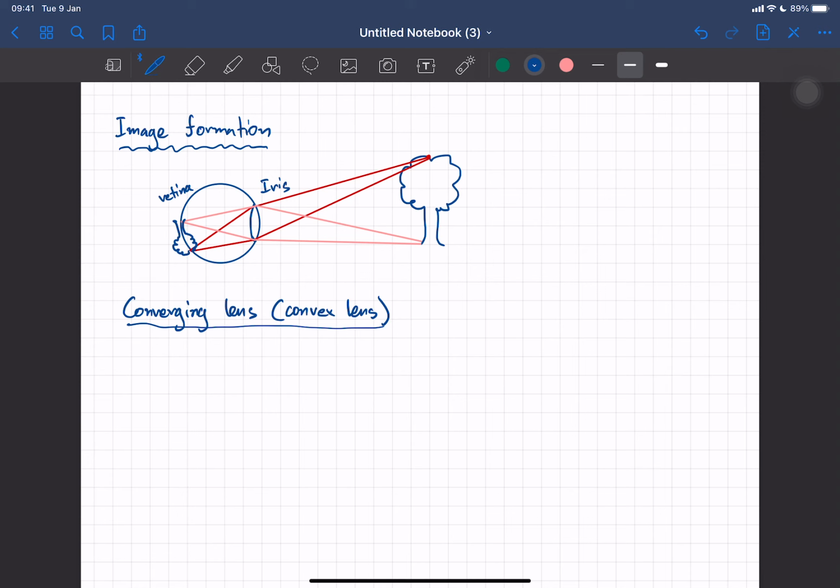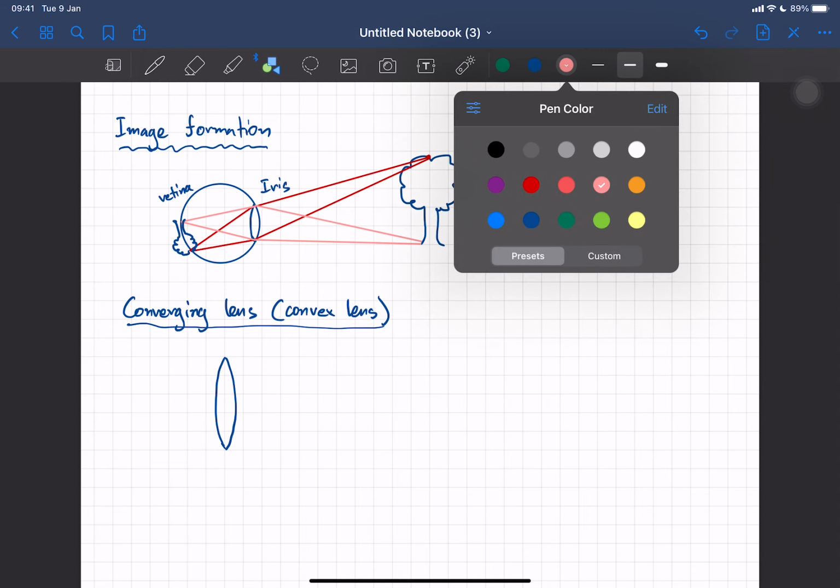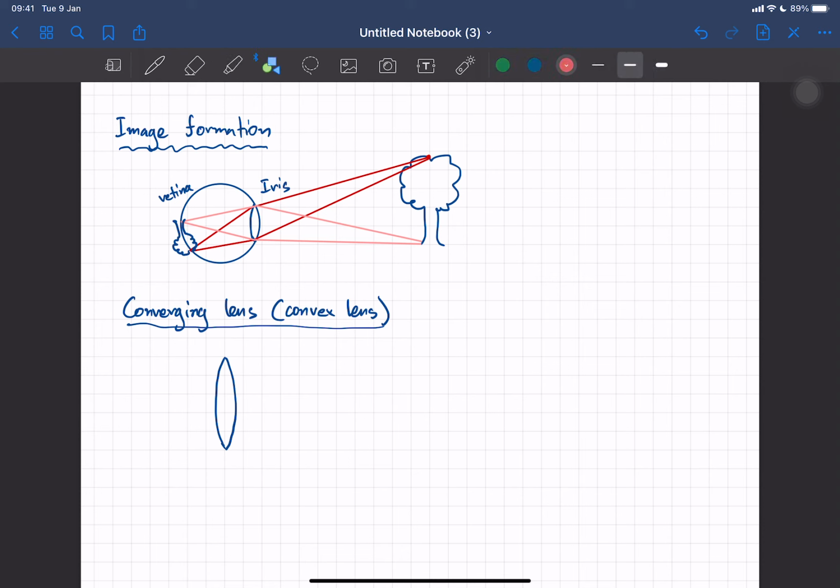The way it refracts, we can show, which we are not gonna do a lot of proving here, that if you have a piece of glass shaped like this, which is called a convex lens or converging lens, its role is to converge light, right? That's why we call it a converging lens. The role is to converge light, and then put it onto one specific point.